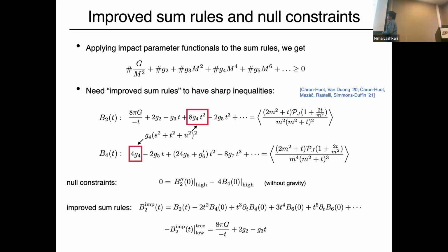And so that means you can take this B2 summary and just subtract the t equals 0 limit of this summary, and that will remove this term. So if we look at the first two terms, B2 minus this term would remove this G4. And you can keep doing this, and it will remove all of them.